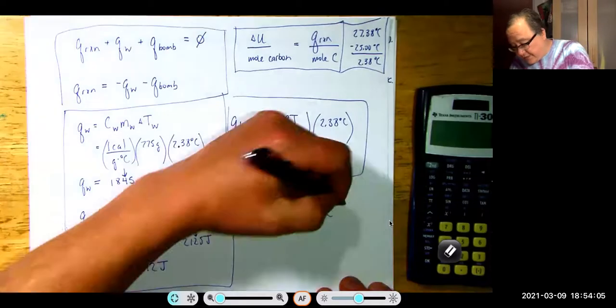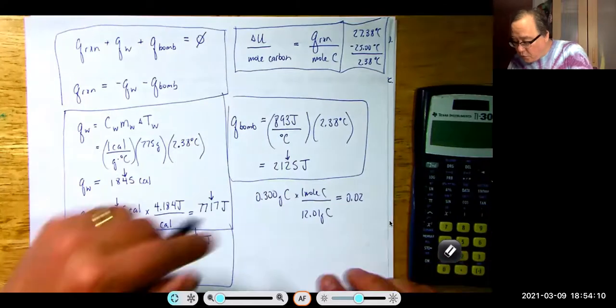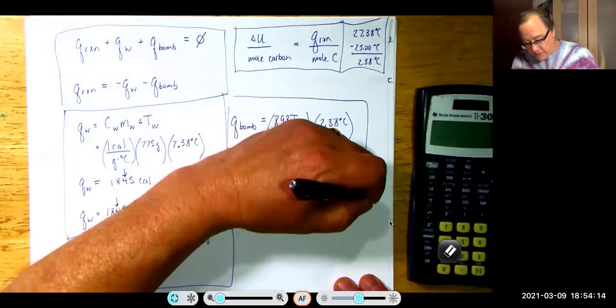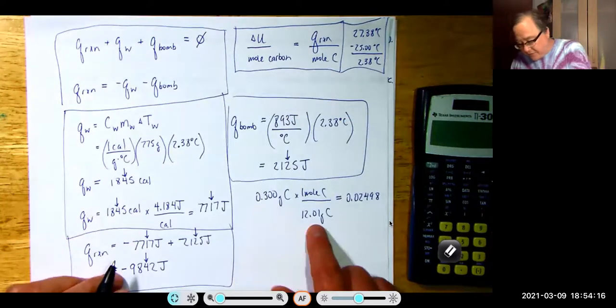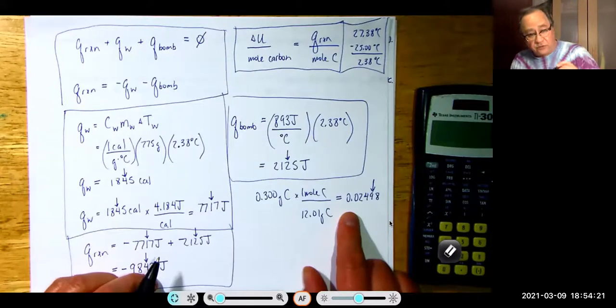And I get 0.02498. 3 significant figures, 4 significant figures. So this is good to the 9 because leading zeros do not count.